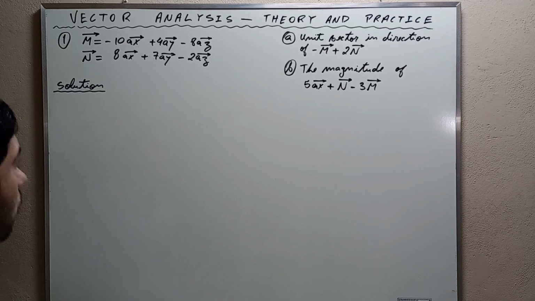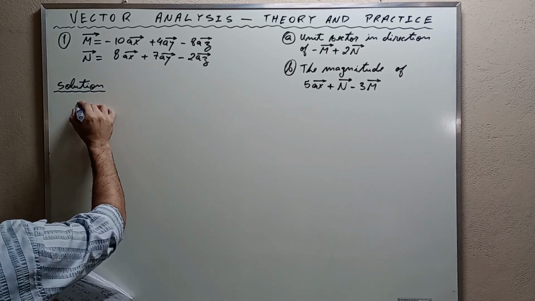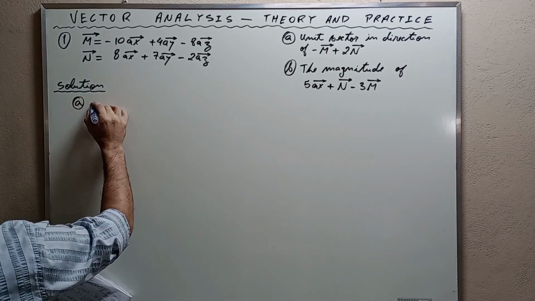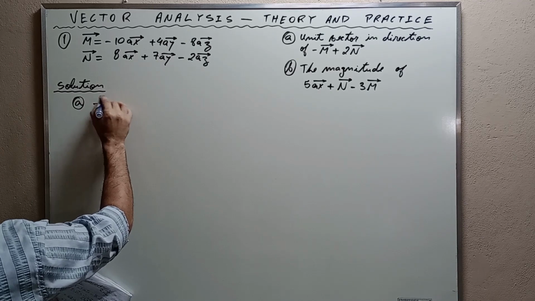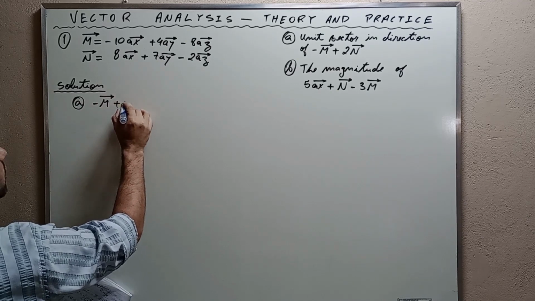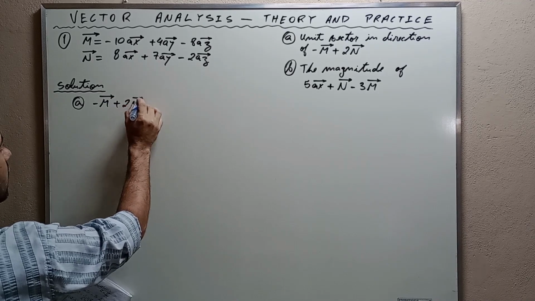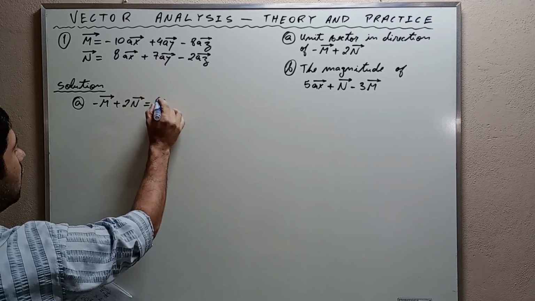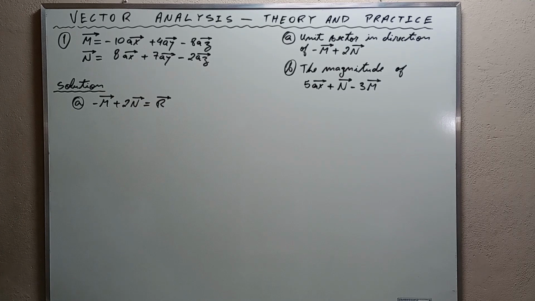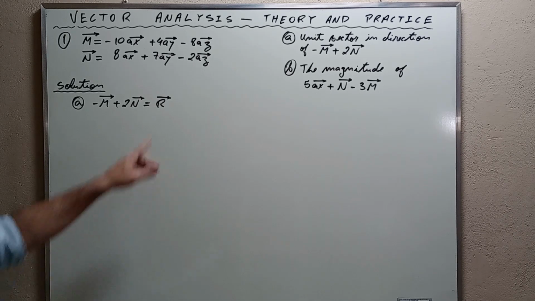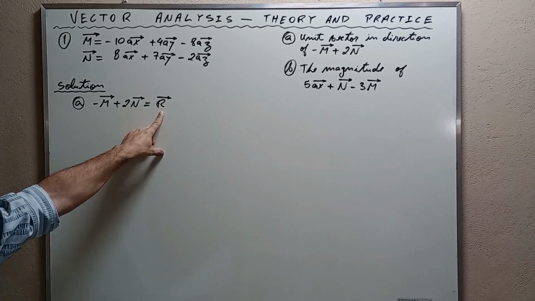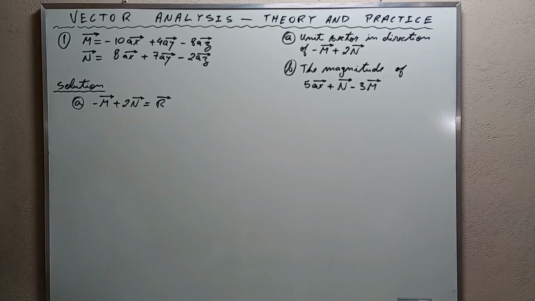Firstly, let's call negative m plus 2n, r. Okay? What do we want to find? We want to find a unit vector in the direction of r, which is negative m plus 2n. How do we find a unit vector in the direction of a vector?